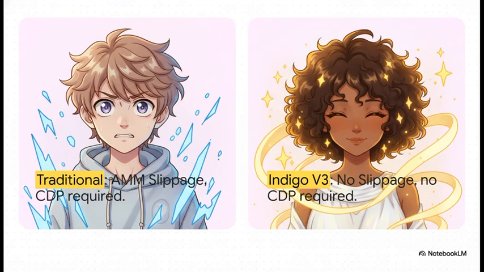In traditional DeFi, if you wanted to swap one stable asset for another, you typically had to use an automated market maker. And that meant suffering AMM slippage, basically losing a fraction of your value just to make the trade, or you had to deal with the headaches of managing a CDP loan. But with the Indigo V3 PSM, absolutely zero AMM slippage, you mint directly at par, and no CDP is required whatsoever. It is a completely frictionless experience custom designed to protect your capital.